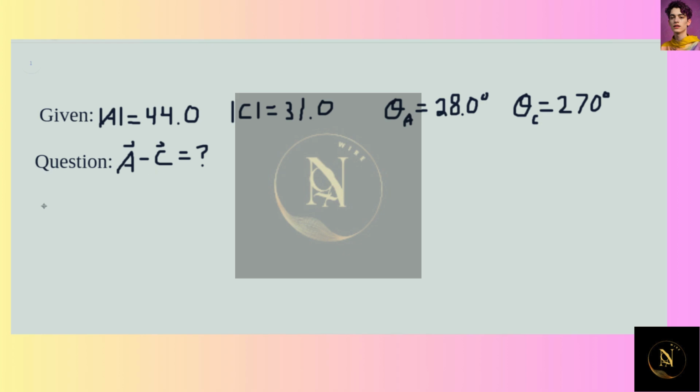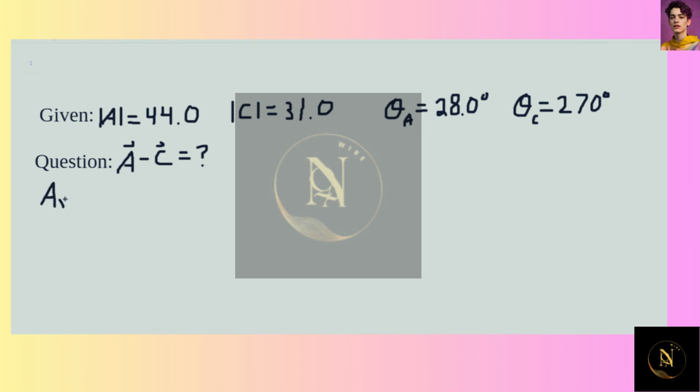Okay, so we need to determine what the AX component is and the CX component, as well as the AY and CY components, in order to be able to subtract those components from one another to get the vector A minus C. Okay, so first let's determine AX.